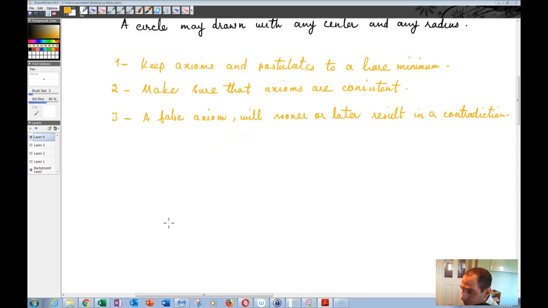So now there are actually two concepts here that you need to understand. One of them is called verification, and the other one is called proof.